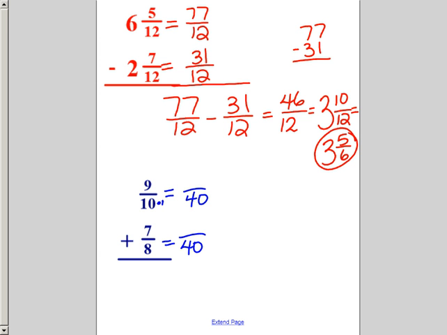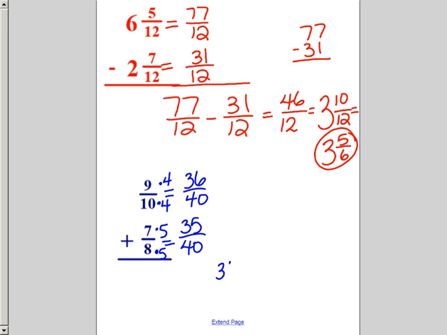Now, 10 times 4 is 40, so then I do 9 times 4, which gives me 36 fortieths. 8 times 5 is 40, so I do 7 times 5, which is 35. Now I've got 36 fortieths plus 35 fortieths.